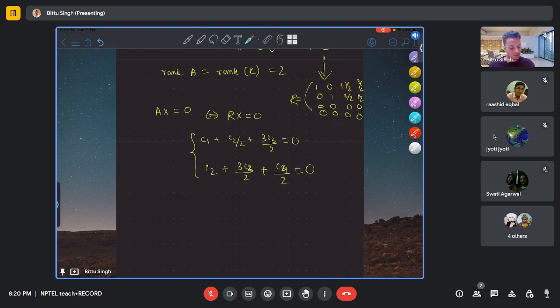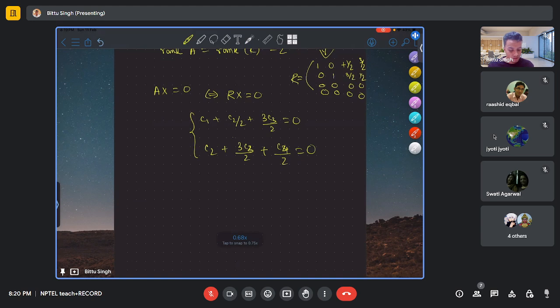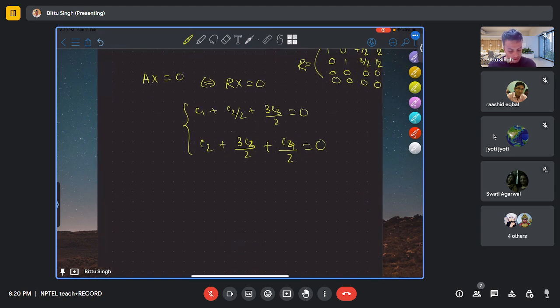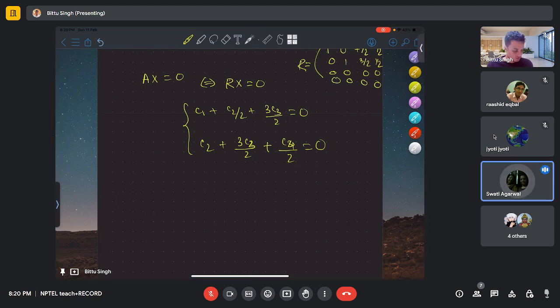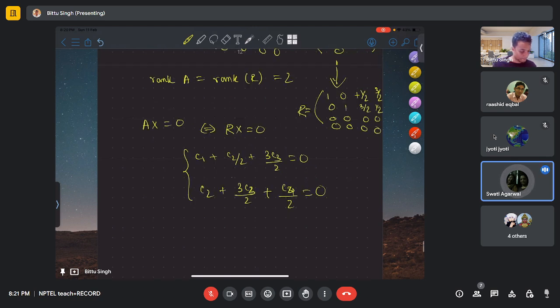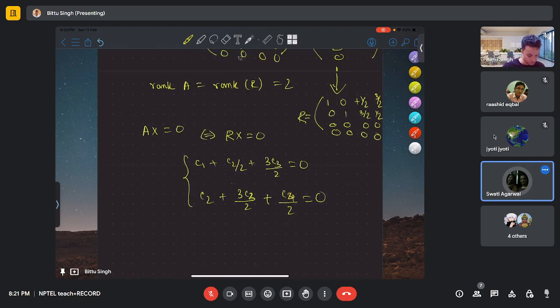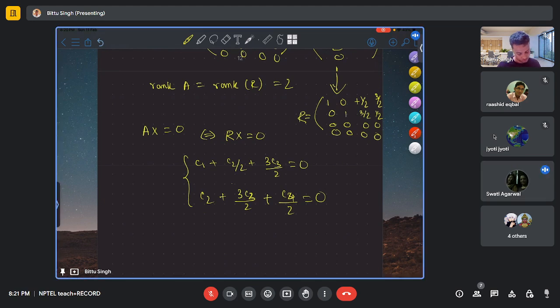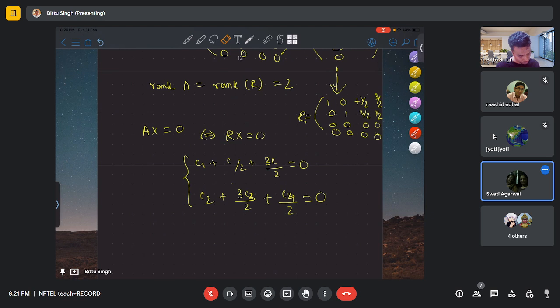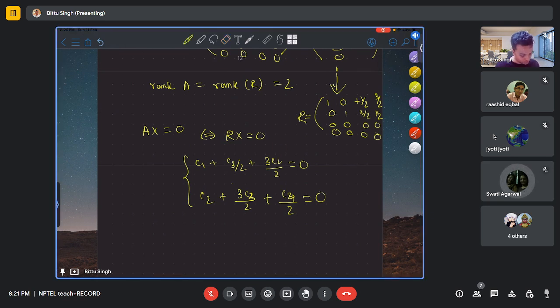Now you can see there are some non-trivial solutions. What will be the non-trivial solutions? Here an example will be like, so let us write the whole solutions first. In equation 1, we will have C3 and C4, because C3 times half, C4 times 3 by 2.